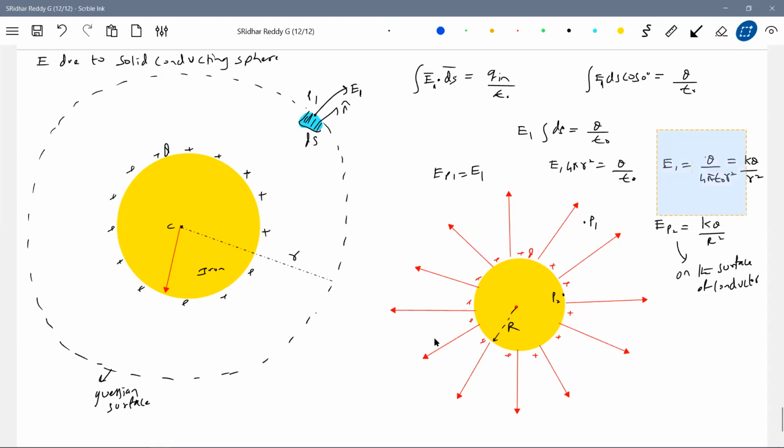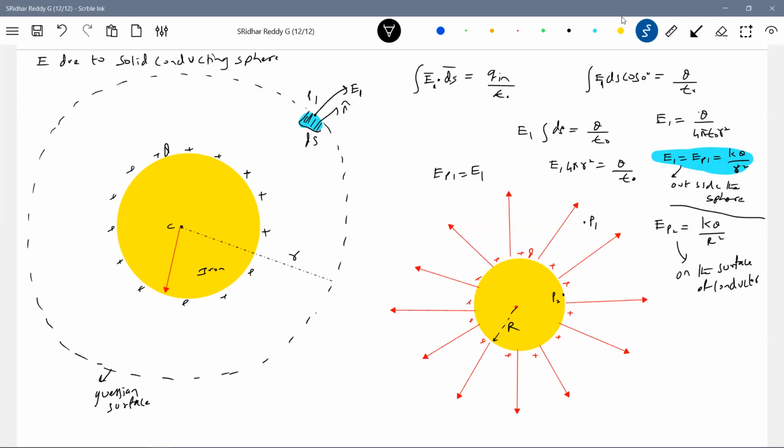Let me rewrite this. Okay, here's the first formula: field at a point outside the sphere.